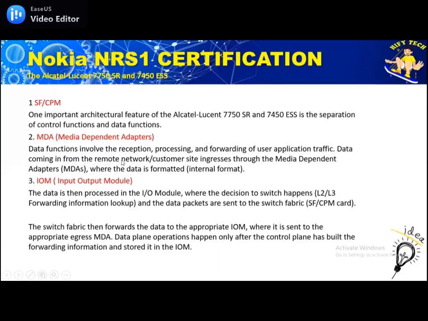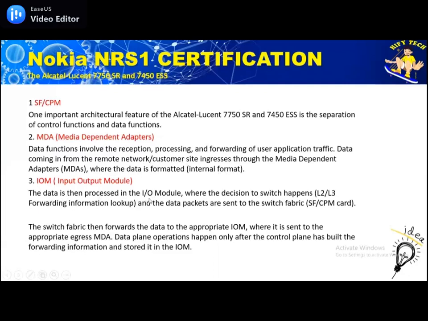Data coming in from a remote network like customer sites ingresses through the MDA, where the data is formatted into an internal format. So what the MDA does is it takes the customer data and converts it into an internal format, which is then sent to the IOM, input output module.